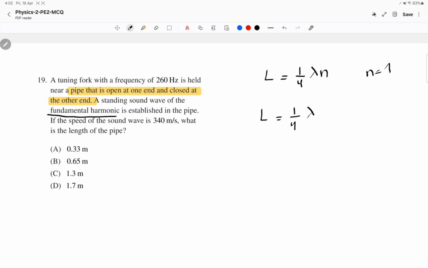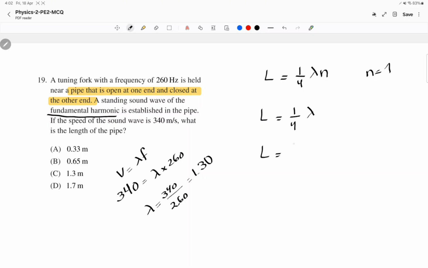So right now our job is just to find the lambda. And v is equal to lambda f for a sound wave. So 340 is equal to lambda times 260. Lambda is equal to 340 over 260, and I got 1.30 as the lambda.